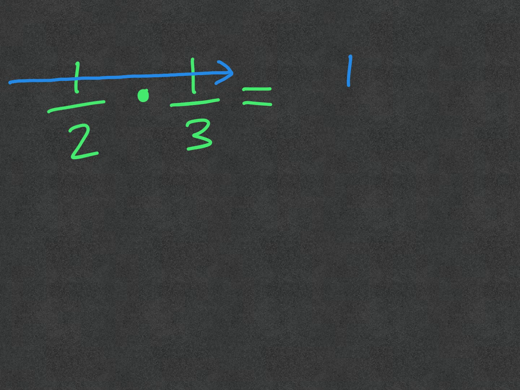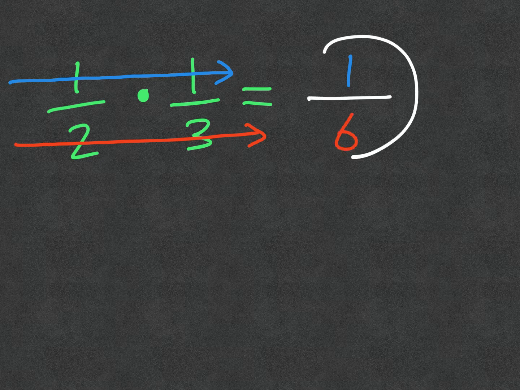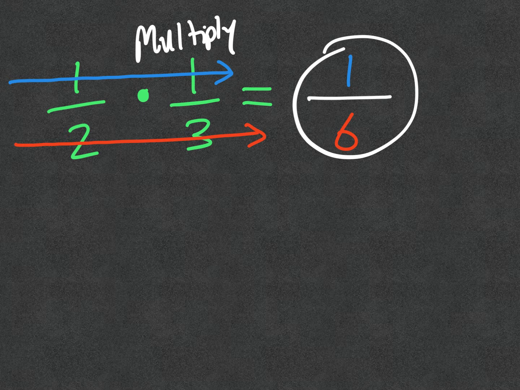And then the denominators, I go straight across, 2 times 3. 2 times 3 is 6. So my fraction is 1/6. So that's how we multiply very simply with fractions.